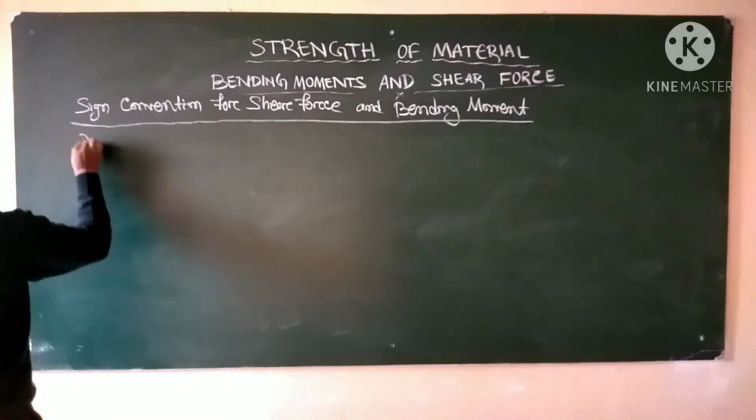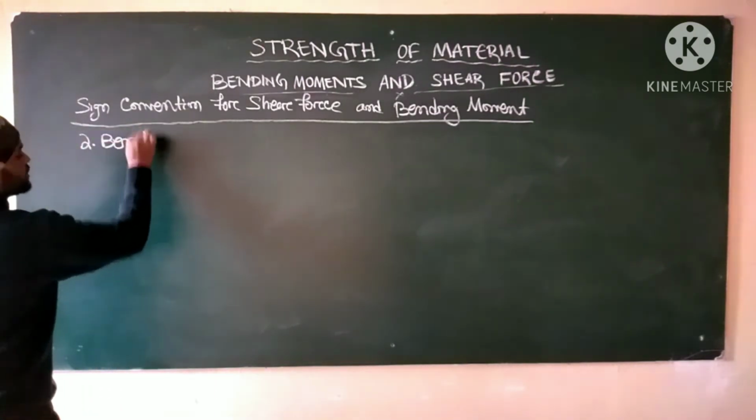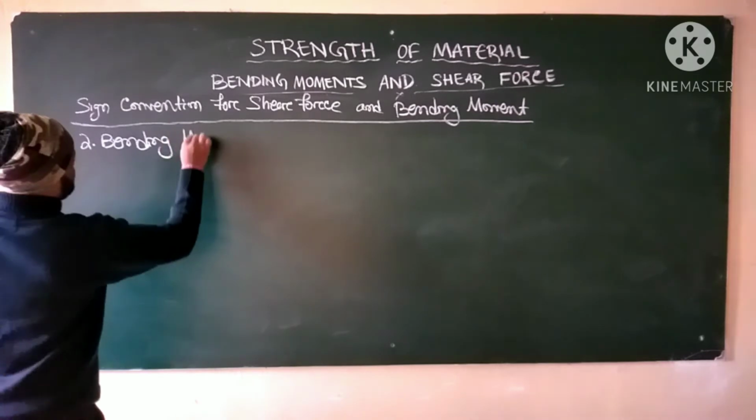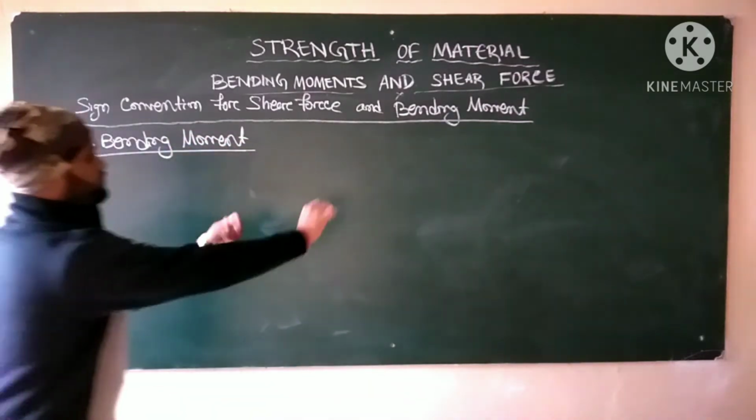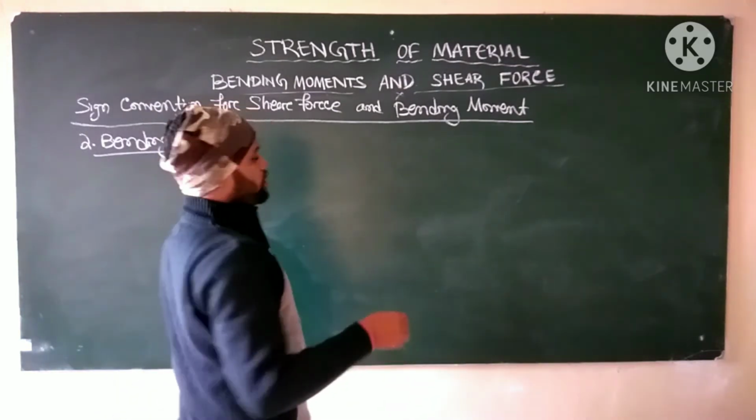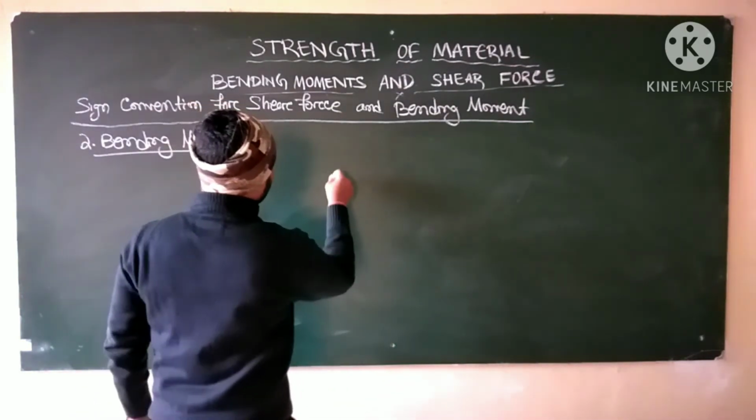So the next point, number 2, is your bending moment. For bending moment we have two figures, positive bending moment and negative bending moment.